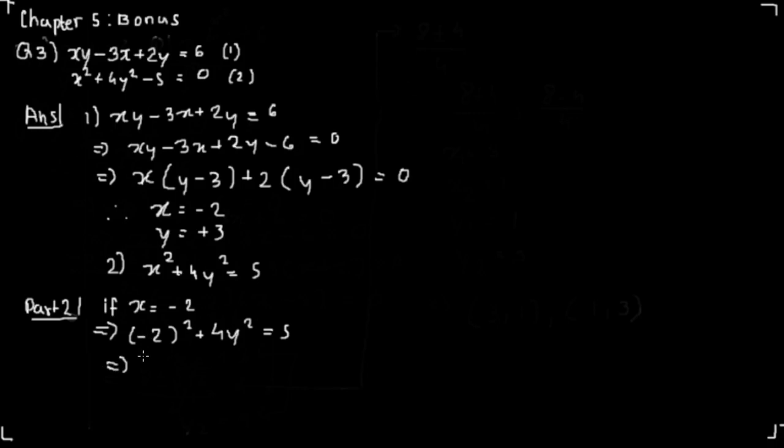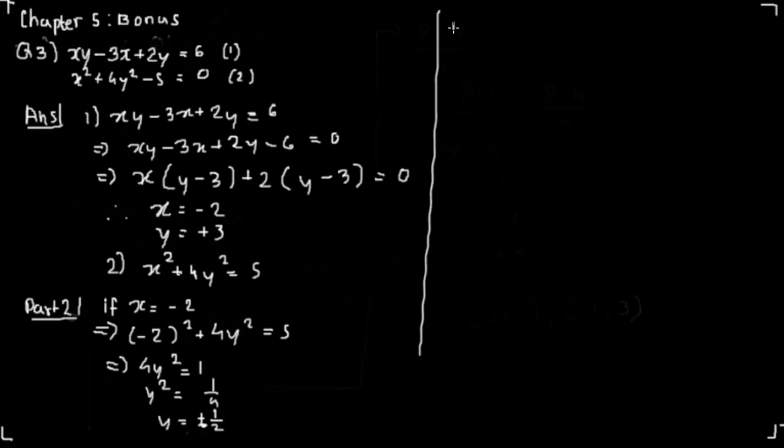If we just do some skipping, this is just 4, we move this to the other side, so 4y squared is equal to 1. That means y squared is equal to 1 by 4, and y is equal to plus or minus 1 by 2. Remember that. We just square rooted this, so the square root of 1 is 1, and the square root of 4 is 2.